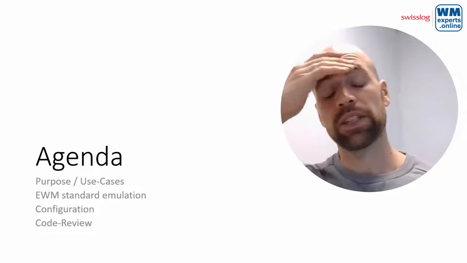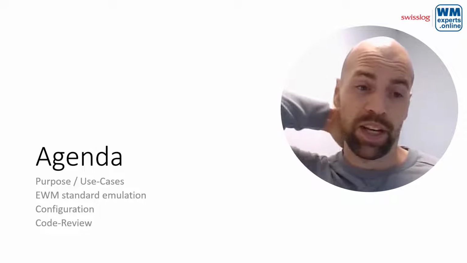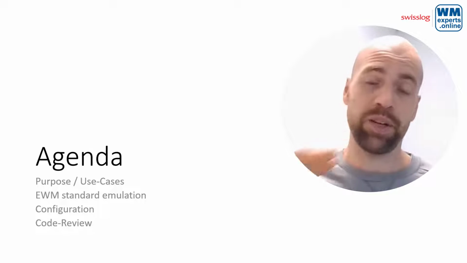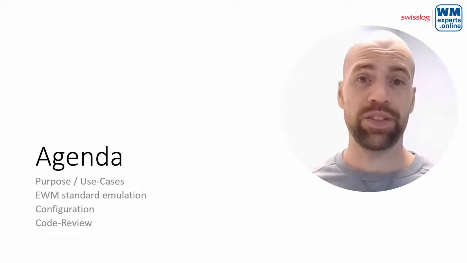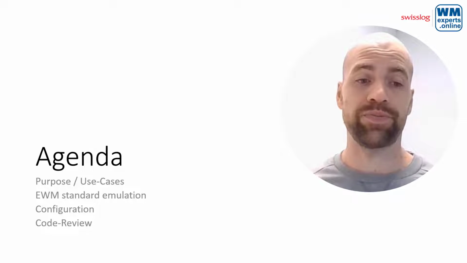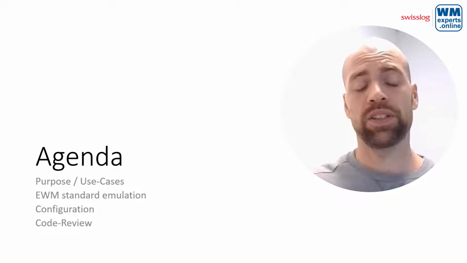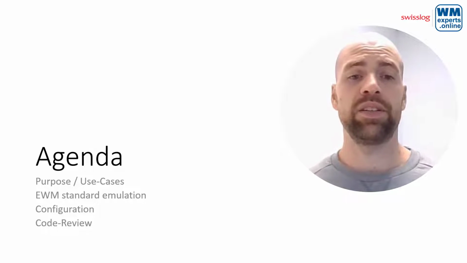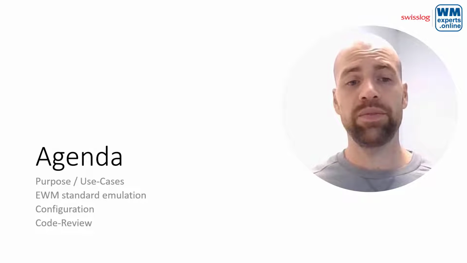So what is the agenda for the rest of the video? I will start with purpose and use cases. So I will explain where the standard is useful and where it is not useful. Then I will describe on a high level how the emulation works in the context of EWM.